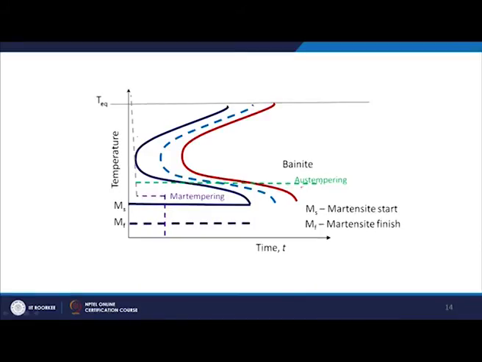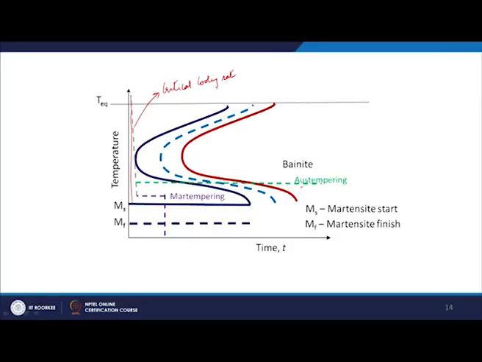Here I can define a cooling rate which is just skipping the nose as the critical cooling rate. Any cooling rate more than this is bound to skip the nose.